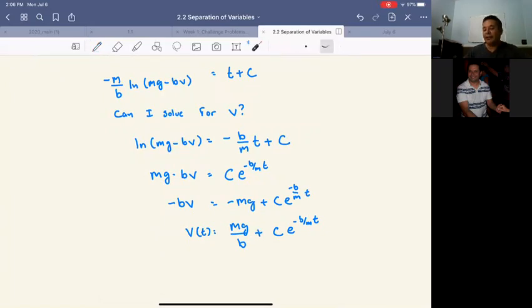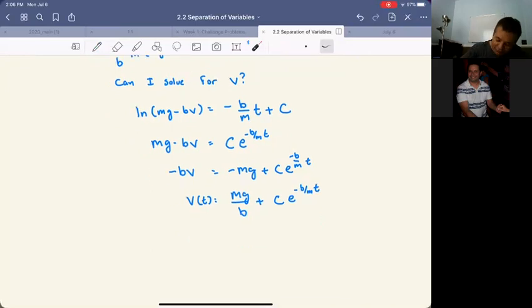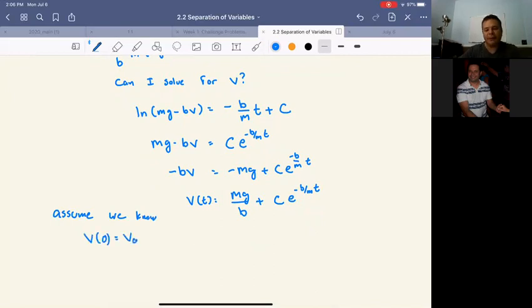Now, here's where things are going to matter. Assume we know v of time 0 is some v sub 0. Assume we know that. Then v of 0 equals mg over b plus c e to the 0, which is 1.